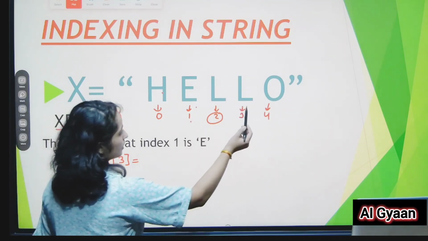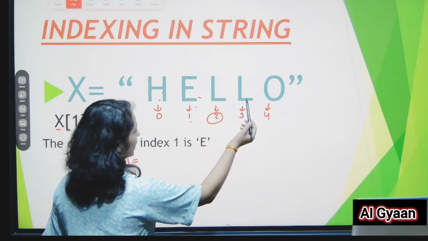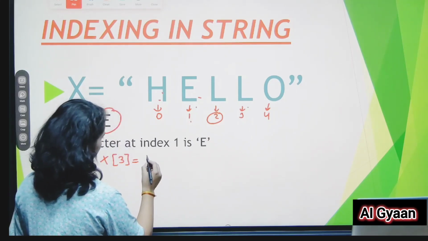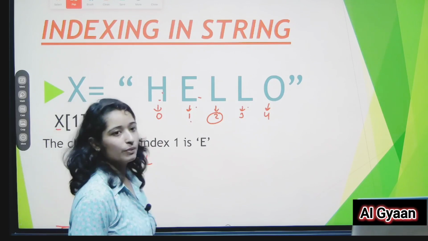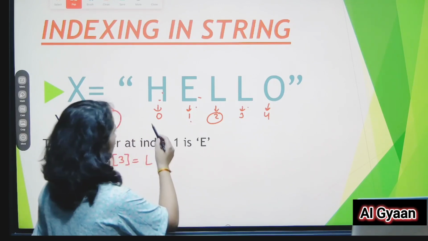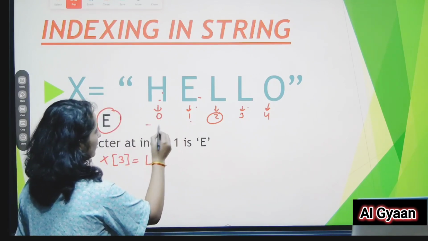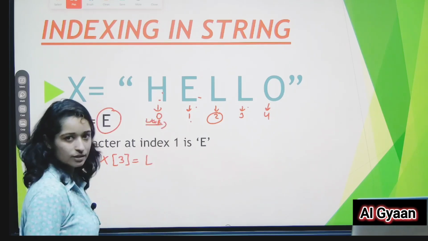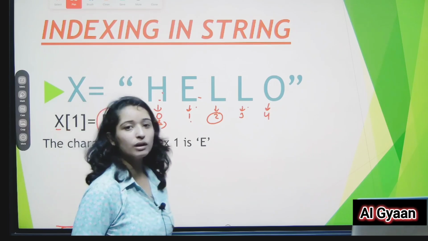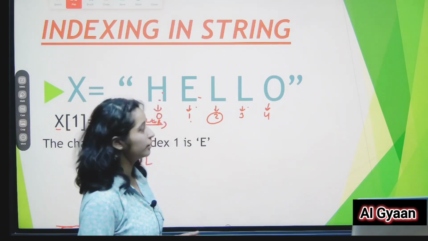It will be l: 0, 1, 2 and 3. So my output will be l. This was all about positive indexing, which starts from 0 and goes from left to right.